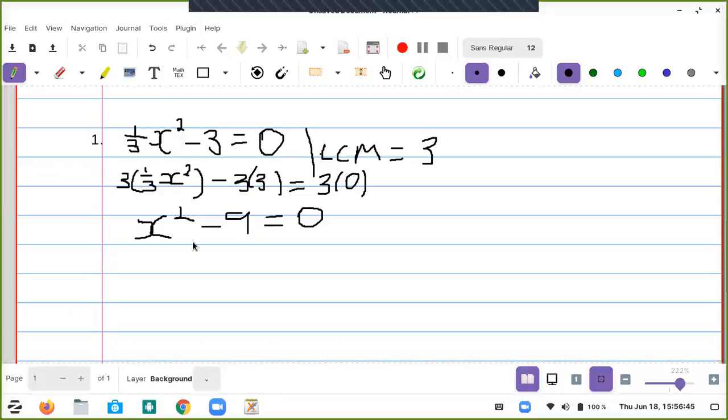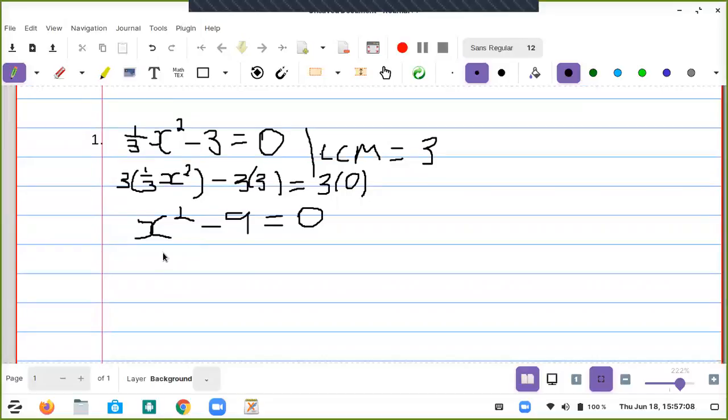Now, I suspect that this is a difference of two squares. So I have to check first and find out whether they are perfect squares. If they are perfect squares, then it's a difference of two squares.